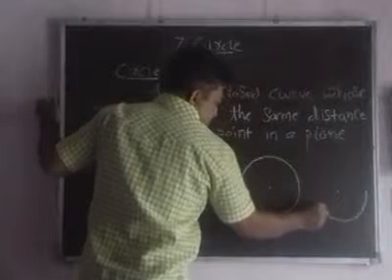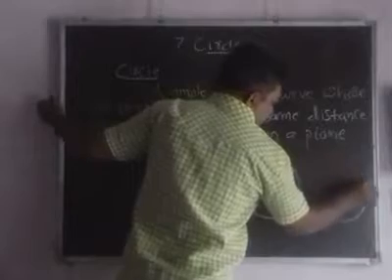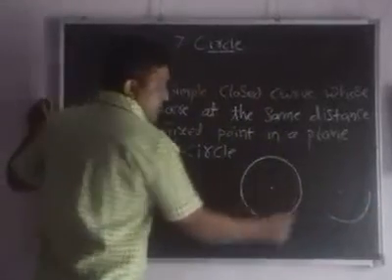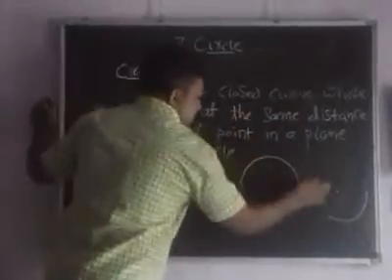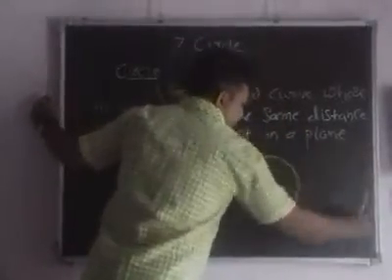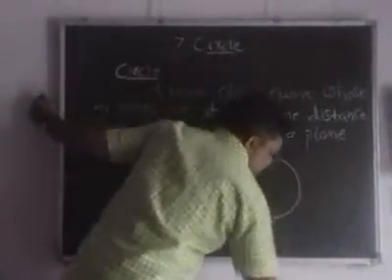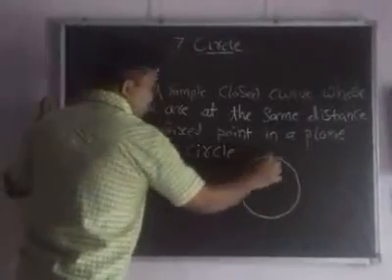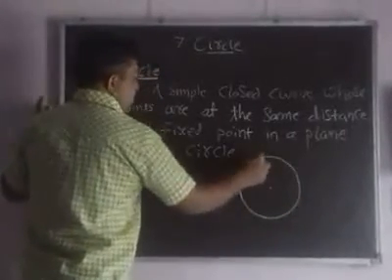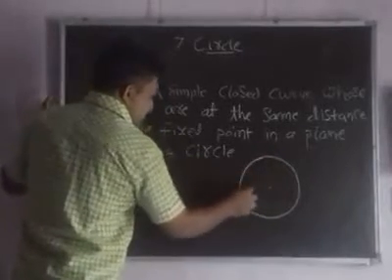Suppose all the points are in the same way at a fixed distance, 2 centimeter from this fixed point in this plane, then the curve we are getting is like this. Then the figure formed is a circle, right? A simple closed curve whose all points, means the points on this curve, are at the same distance.